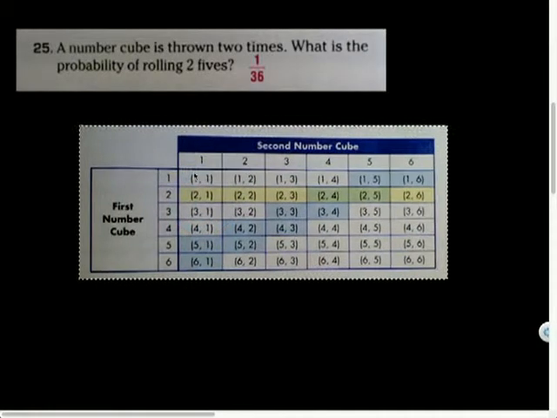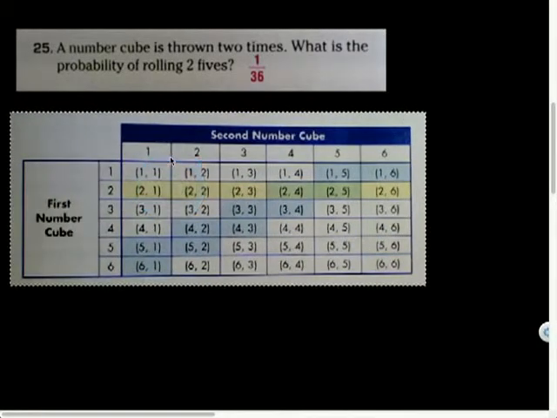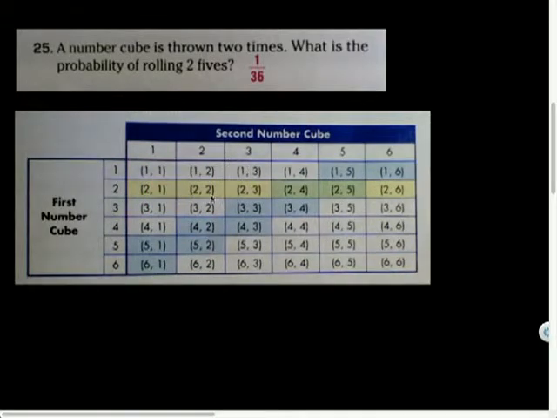We are not on that page yet, but this usually gives us the best understanding. I think we did this yesterday with rolling prime numbers or something like that. So the first roll of the cube and the second roll of the cube is what I'm looking at. I could roll a 1 then a 1, a 2 then a 1, a 3 then a 1.